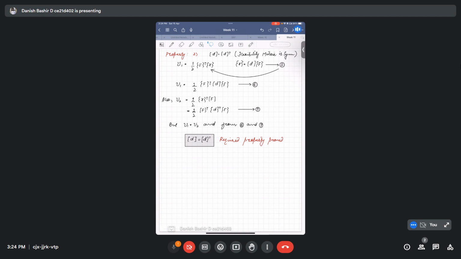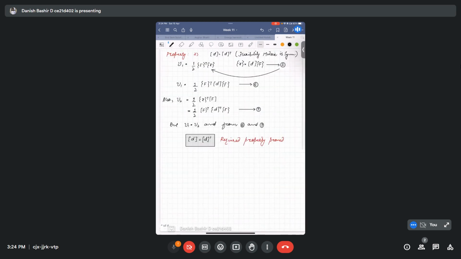So we will be studying orthogonality of modes.